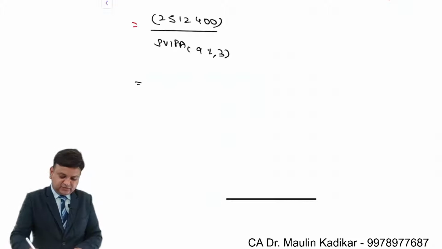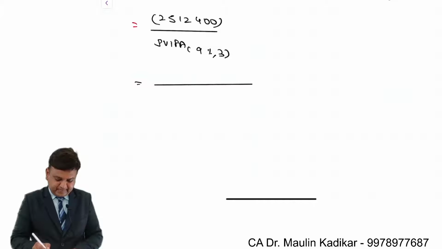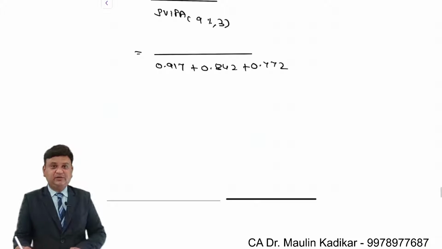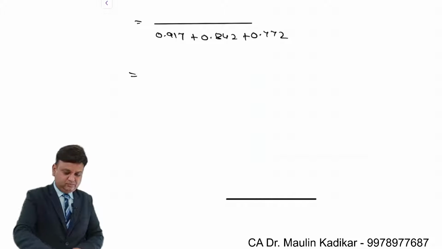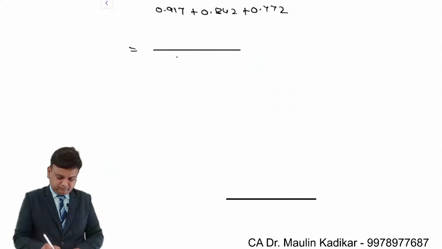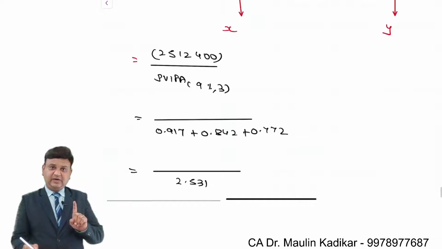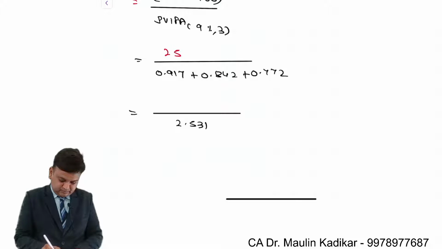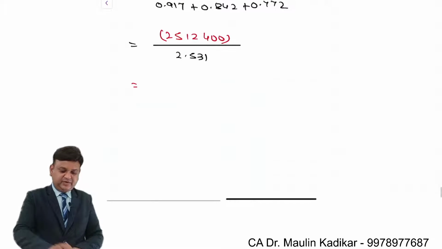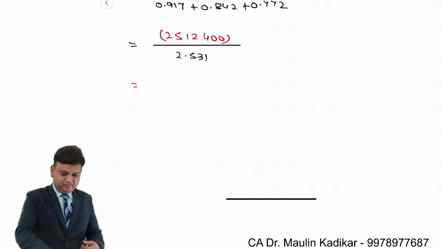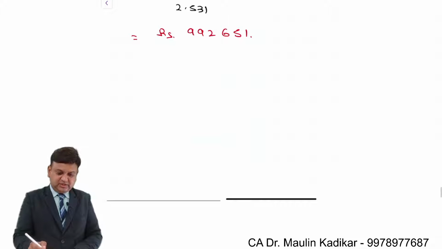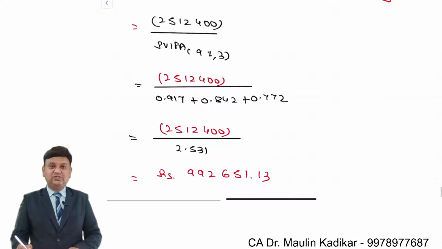So the 9%, 3 years factor will be found like this: 0.917 plus 0.842 plus 0.772, so it is 2.531. The numerator is 25,12,400. So the final answer is 9,92,651.13. This is in case of machinery X.